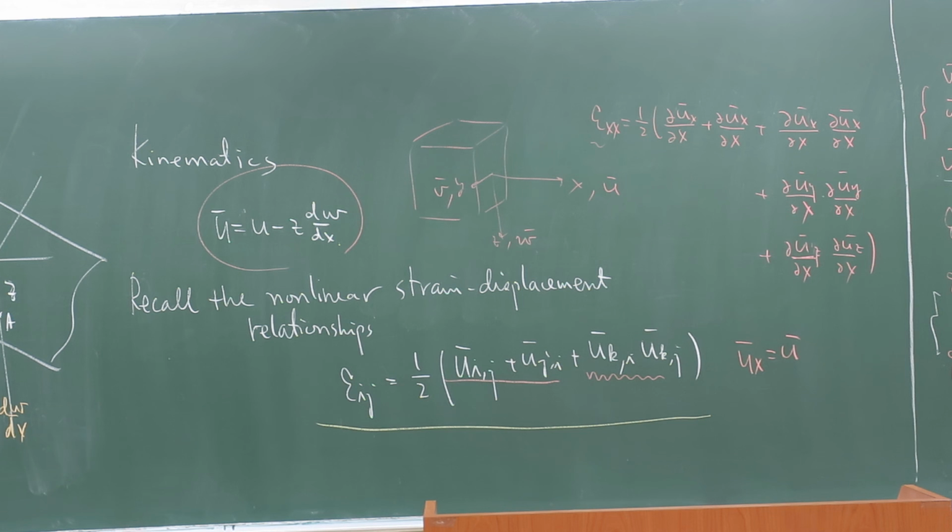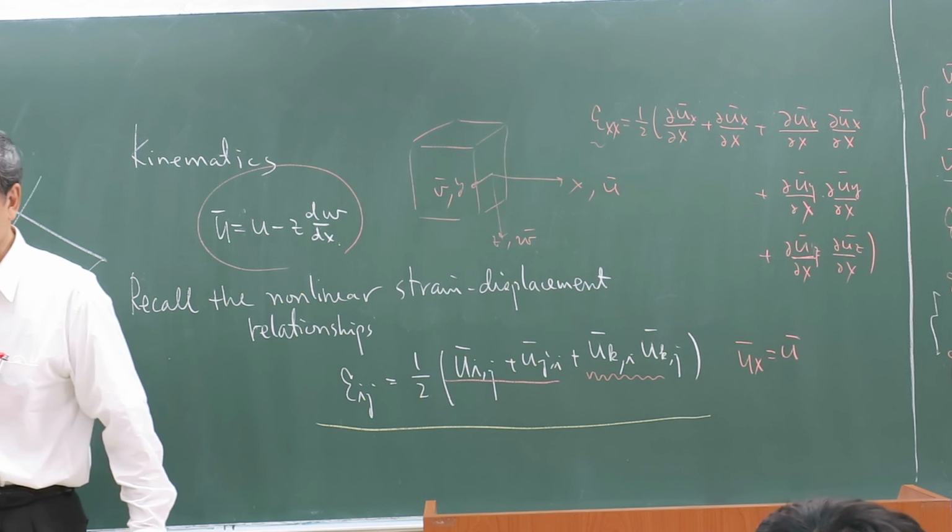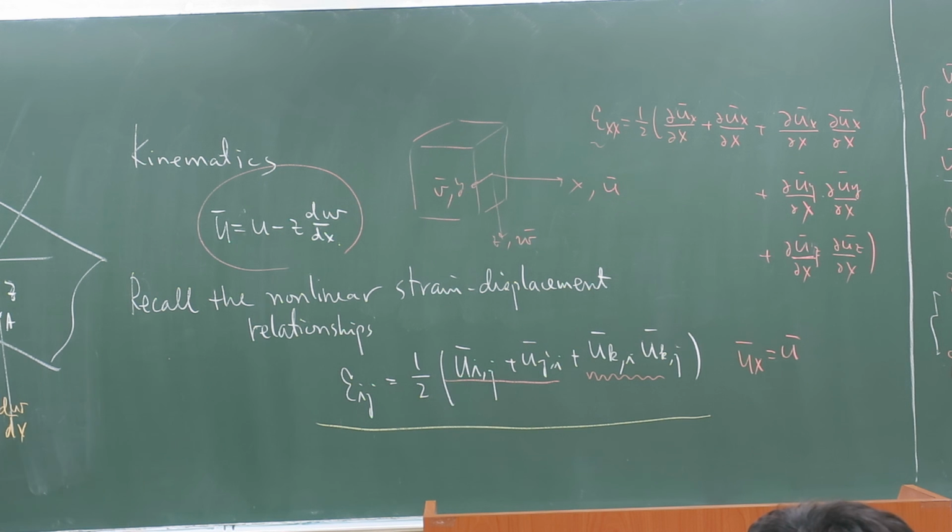We define this as epsilon x 0 for z equal to 0, and the minus z curvature. Okay, and the curvature is minus partial squared w partial x squared. Okay, so this is my nonlinear beam theory.